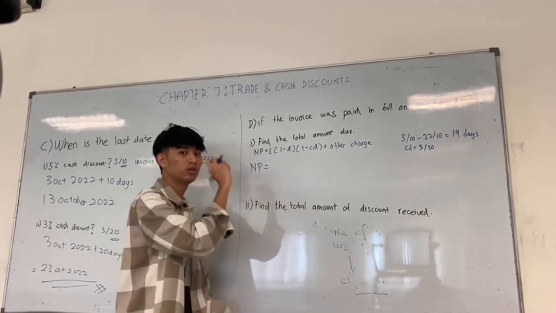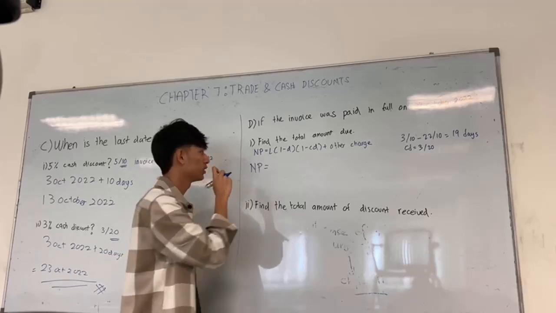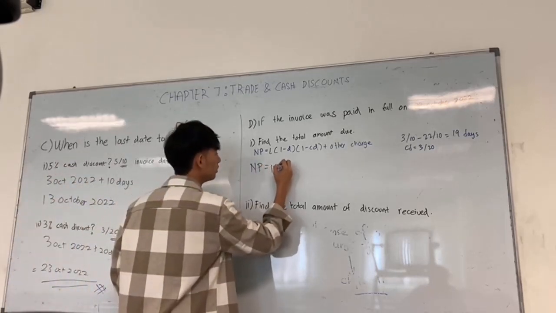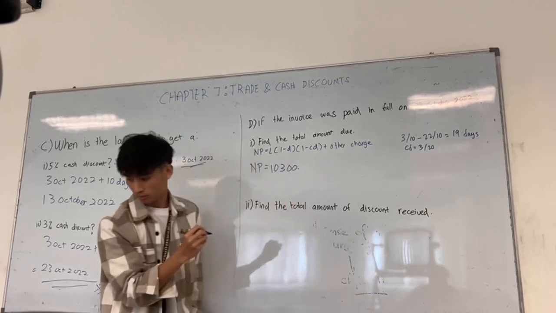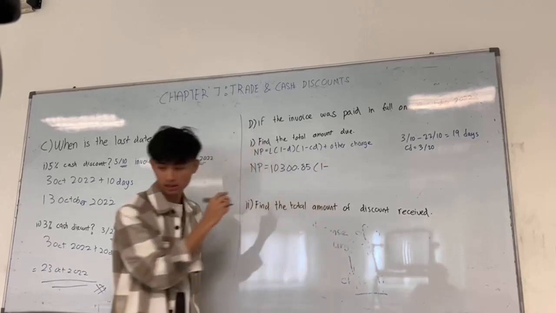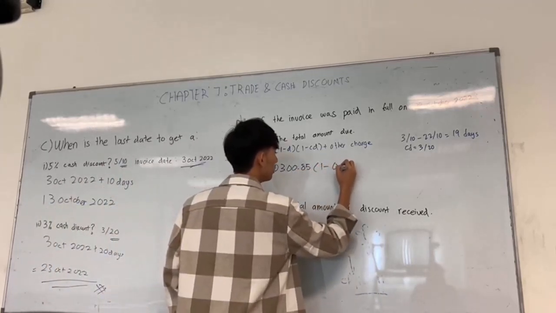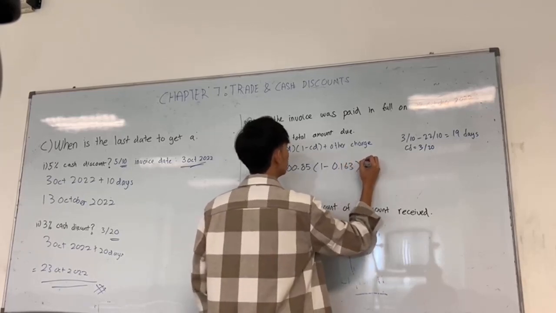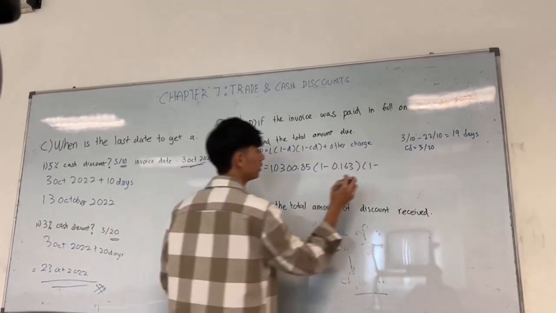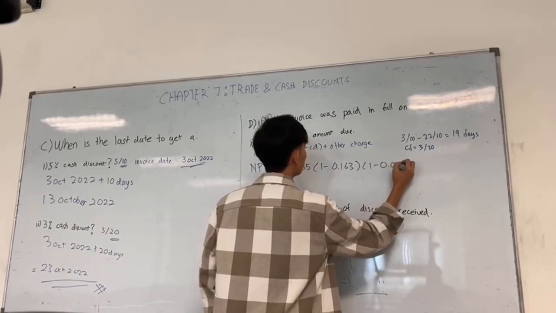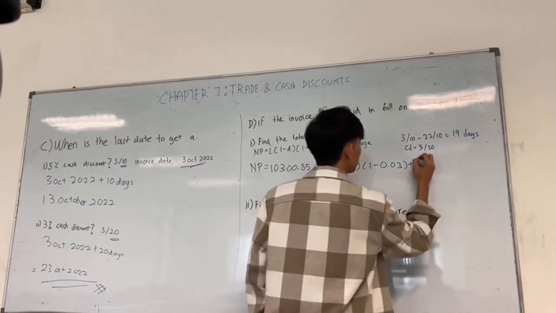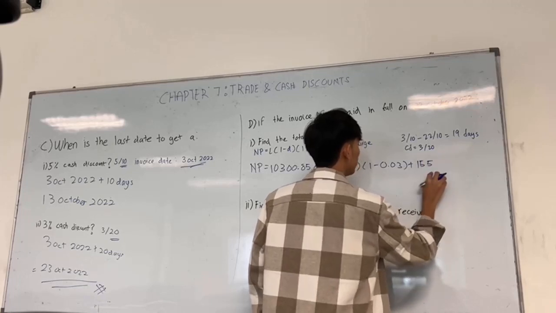We just need to put it in. The list price, we know the answer is from Ibrahim's question. Ibrahim's answer is, the list price is 10,300.85, and then 1 minus D. The D is 0.163, and 1 minus C. CD is 3%, so we get 0.03, and then plus other charges, which is 155 ringgit.